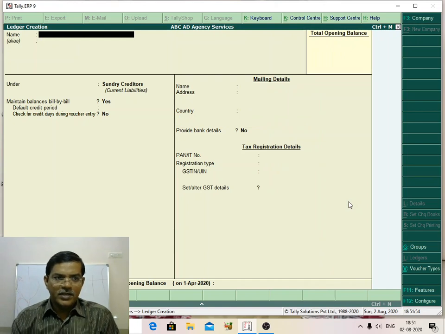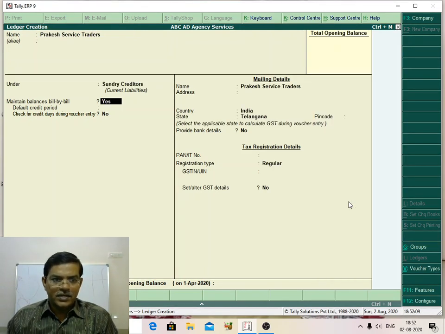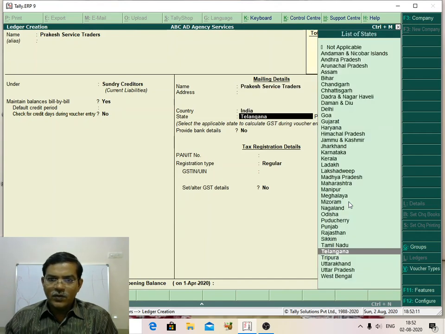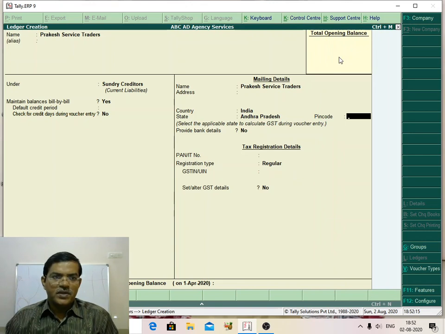After that, I am creating one more ledger master in the name of Prakash service traders. It is also under sundry creditors, and it is located in the state of Andhra Pradesh. He is a service provider.